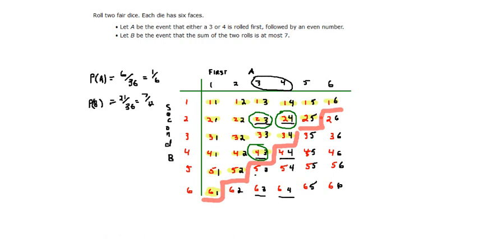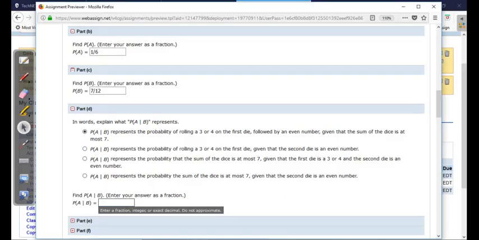So 3 out of those 21 events represents the probability of A given B, the probability of A given that B has occurred, given that we've rolled a sum of at most 7. We have 3 outcomes that fit out of a total of 21 possible outcomes, which is going to reduce to 1/7. Ooh, interesting. Okay, so let's go back to WebAssign right here. So we should have 1 out of 7.